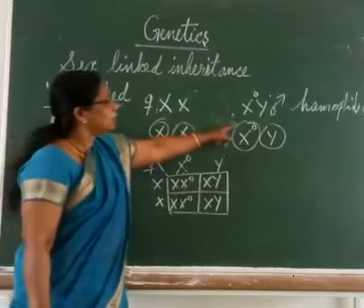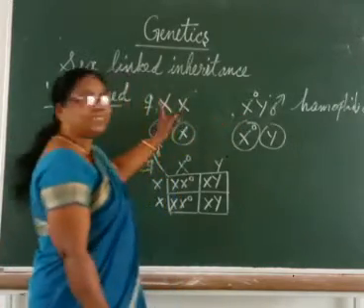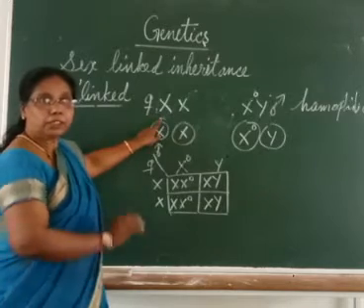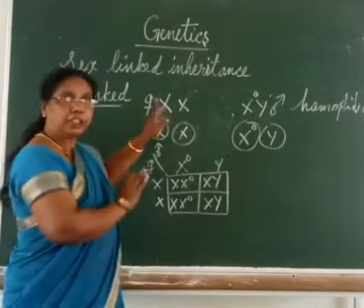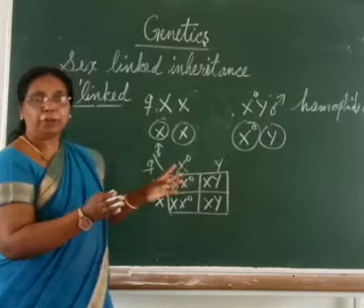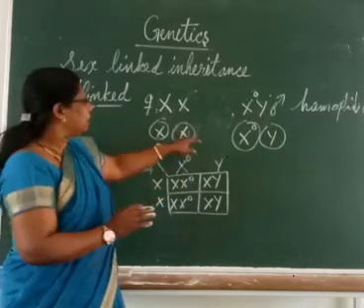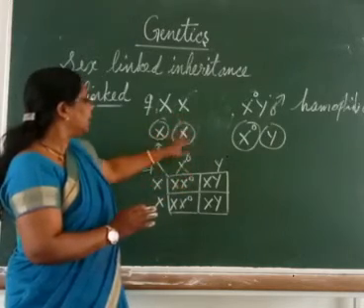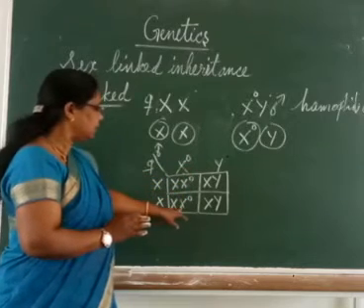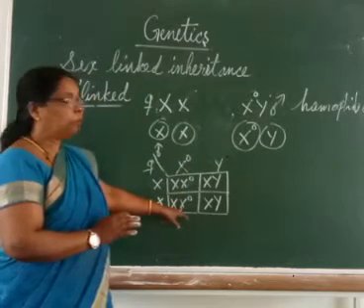Here you see the mother is a normal one. The mother is not a carrier and she is not showing it externally, phenotypically also not showing. But still you can see that the girl babies are carrying this hemophilia.